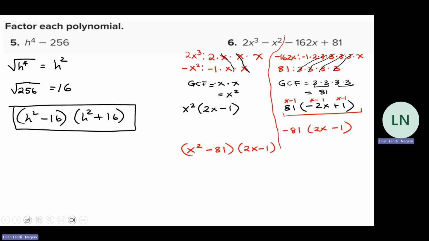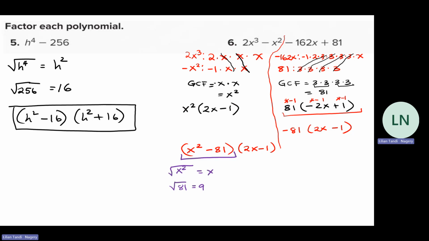But this is not over. Why is this not over? Because 81 is a perfect square. And because 81 is a perfect square and x squared is also a perfect square, I can square root. So I need to solve this. So this will be x squared, find its square root, and find the square root of 81. This is 9, and this is x.